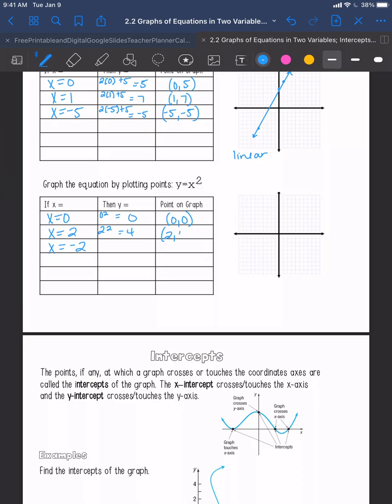So the point (2, 4) is on the graph. Negative 2 squared is also 4. So the point (-2, 4) is on the graph. And just for good measure, I'm going to do 3 and negative 3 as well. 3 squared is 9. So the point (3, 9) is on the graph. Negative 3 squared is 9. So the point (-3, 9) is on the graph.